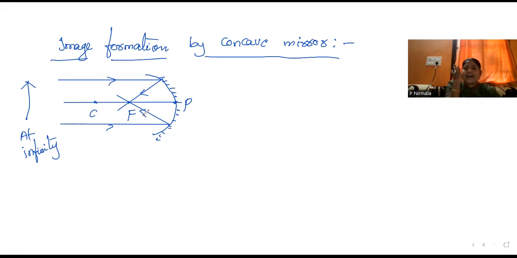That means more blur. And it is real and inverted. So the object you kept upwards, the image is formed downwards, and it is a point size and diminished, blur.